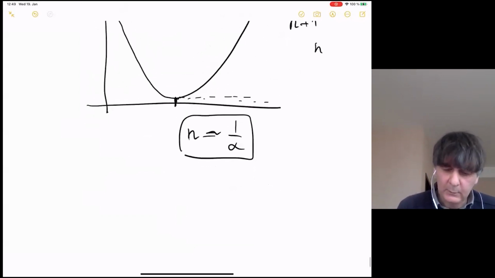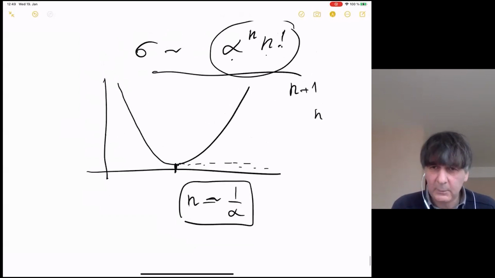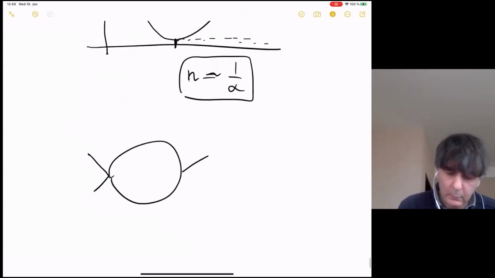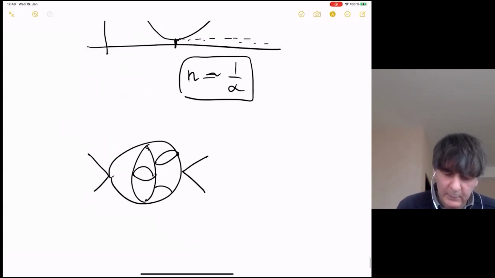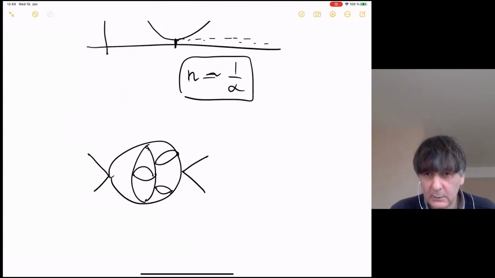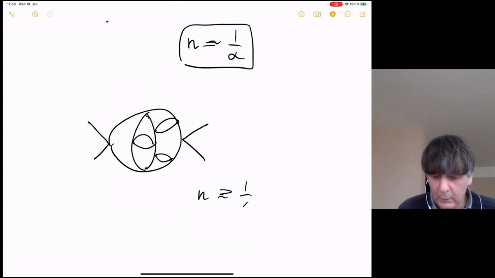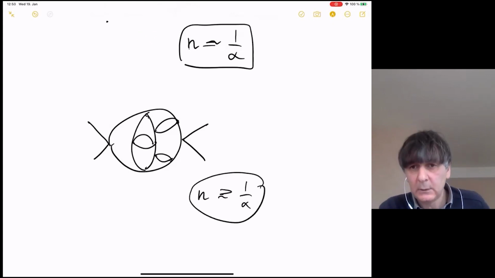For example, this type of growth of the multiplicity of Feynman diagrams is precisely the reason why perturbation theory series are asymptotic series, and they are not really convergent. That's precisely the point. So we have exactly the same breakdown of the loop expansion at a loop order given by about 1 over alpha. So that's why we can only trust the naive perturbative loop expansion up to loop order 1 over alpha.